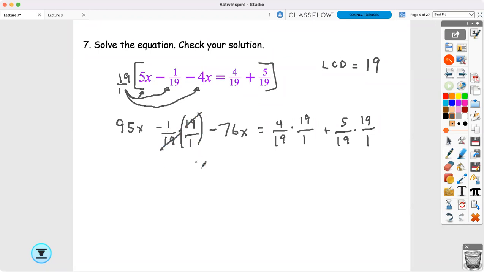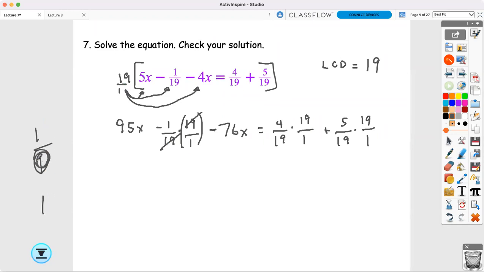And then the new fraction will be the numbers left over. So on top, we will have negative 1, and on bottom, we'll have a what? A 1.